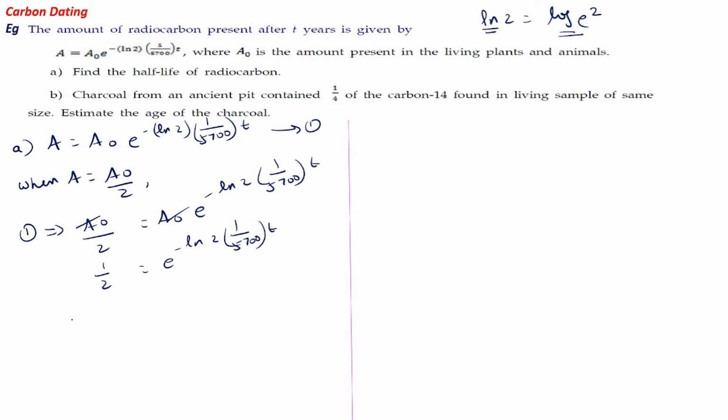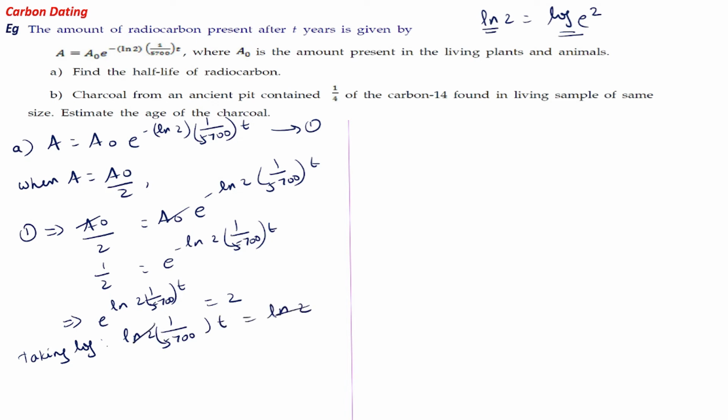Now we can write one more step: e raised to ln 2 into 1 by 5700 t is equal to 2. Now taking log on both sides, we have ln 2 into 1 by 5700 t equal to ln 2.